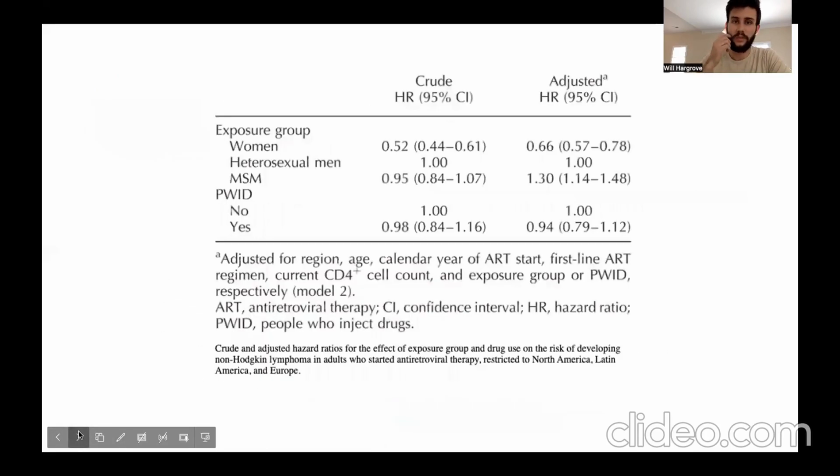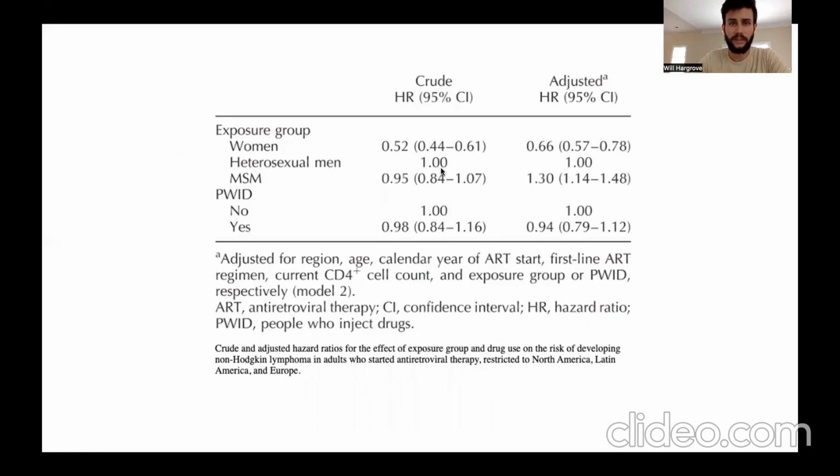All right, so what we have here is the crude information and the adjusted information. And what we are setting the standard for are heterosexual men and people who do not inject drugs. That is what PWID stands for. All right, so what everything was adjusted for is right here at the bottom.